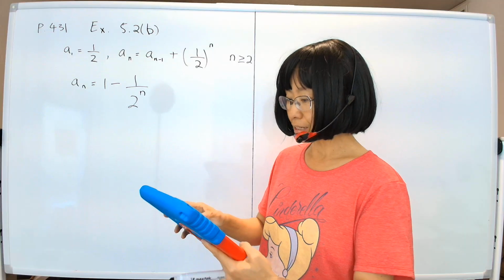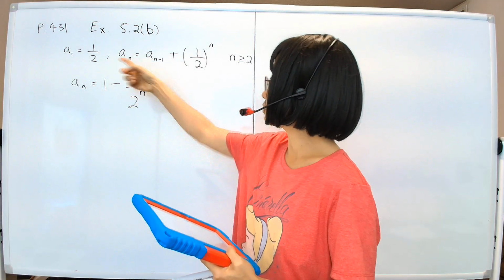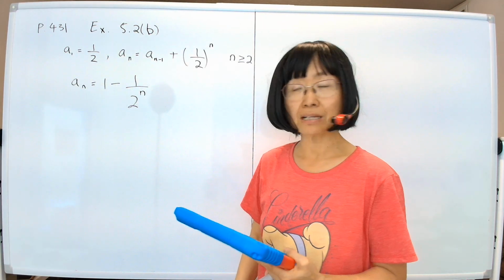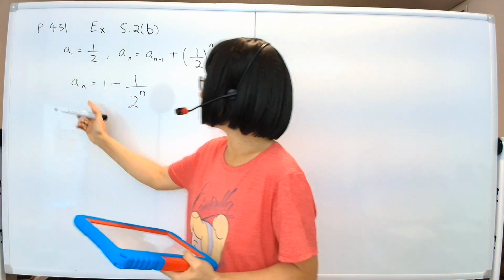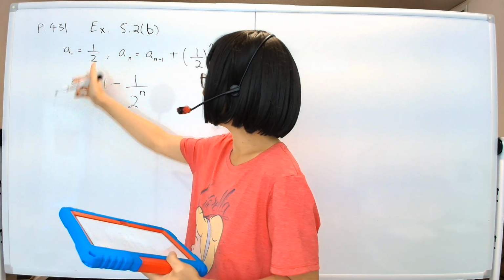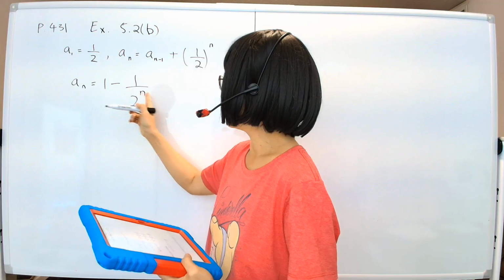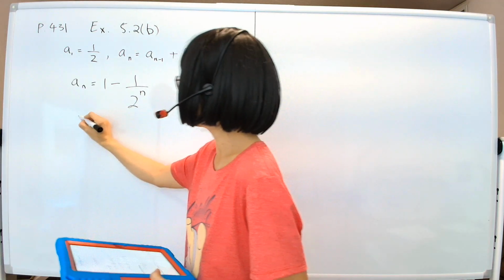Now, how do we make sure that this formula fits these conditions always? We simply check it. For example, we know that a1 is 1/2, and the formula gives 1/2 when n is 1, so that's fine.